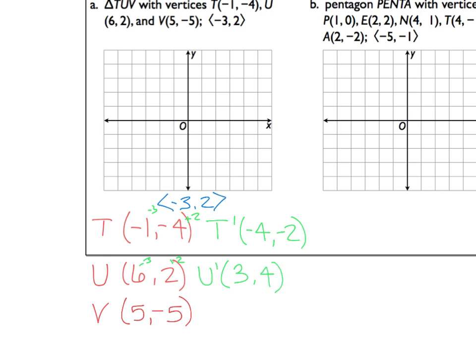For the last one, V prime, we subtract 3 and add 2, so 5 minus 3 is 2, and -5 plus 2 gives us -3.